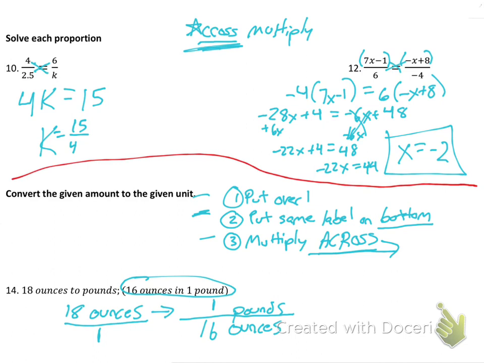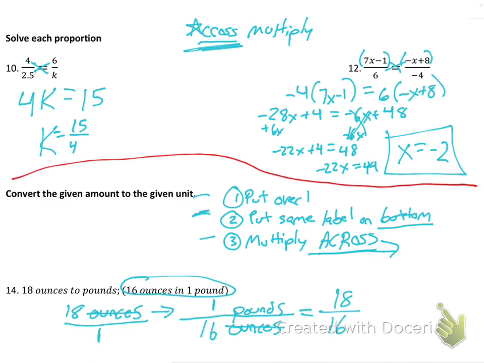So it's going to be 18 times 1, which is 18, and then 1 times 16 is 16. What happens is the ounces cross off because they're reciprocals of each other.